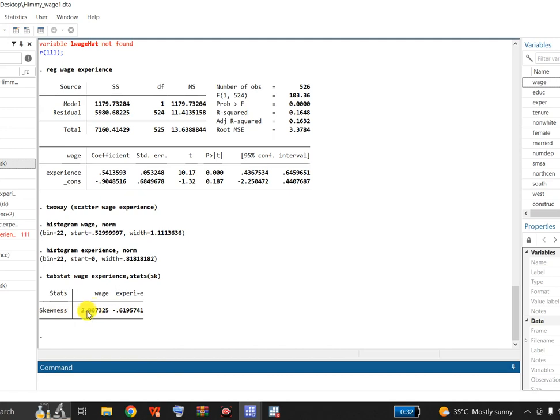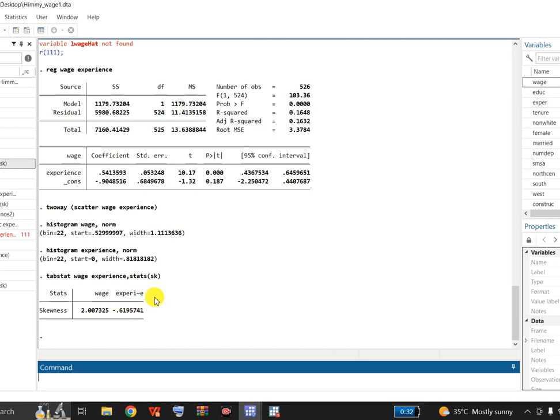This is more than 2. Usually for a symmetric distribution, this skewness value should be 0, but this is much higher than 0. So the distribution of the wage is skewed, that is positively skewed. Similarly, the distribution of the experience variable is negatively skewed. This is also not 0.